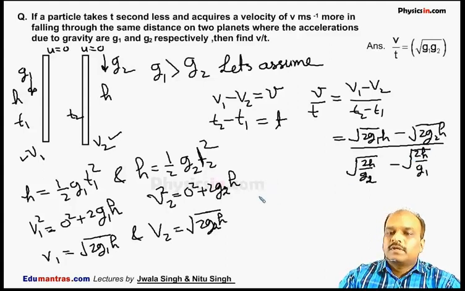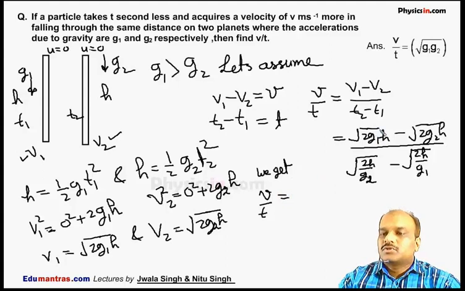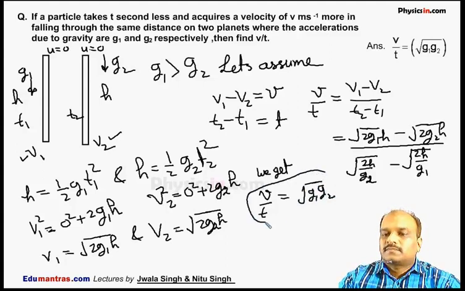Solving this, we get v by t, and 2h will vanish. We get root over g1 into g2. So this is the answer.